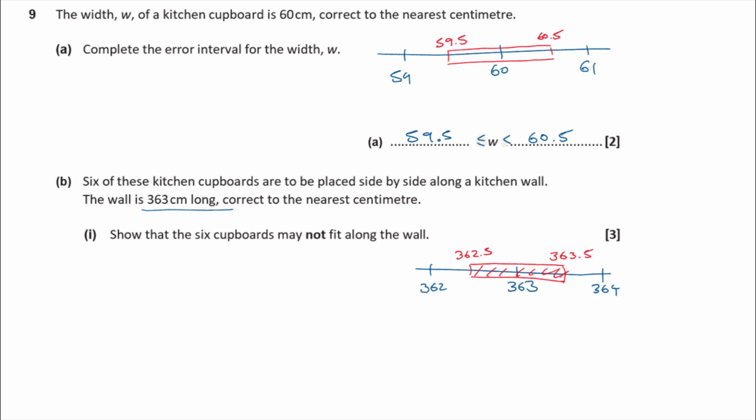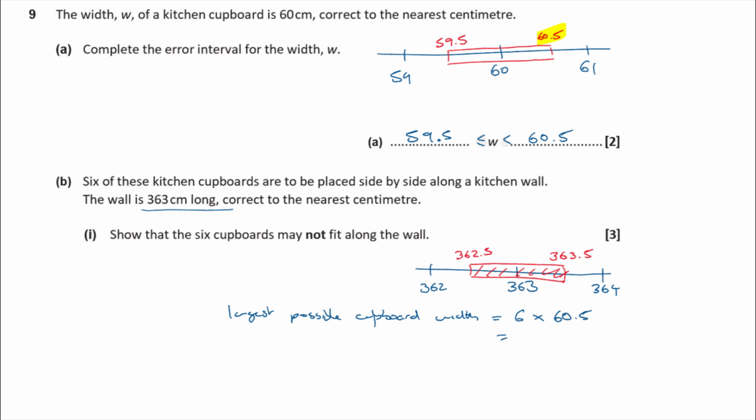Okay, now clearly if I take the upper limit of my cupboards, let's find the largest possible cupboard width. It is going to be the 6 cupboards multiplied by the upper bound for each cupboard, which is 60.5.